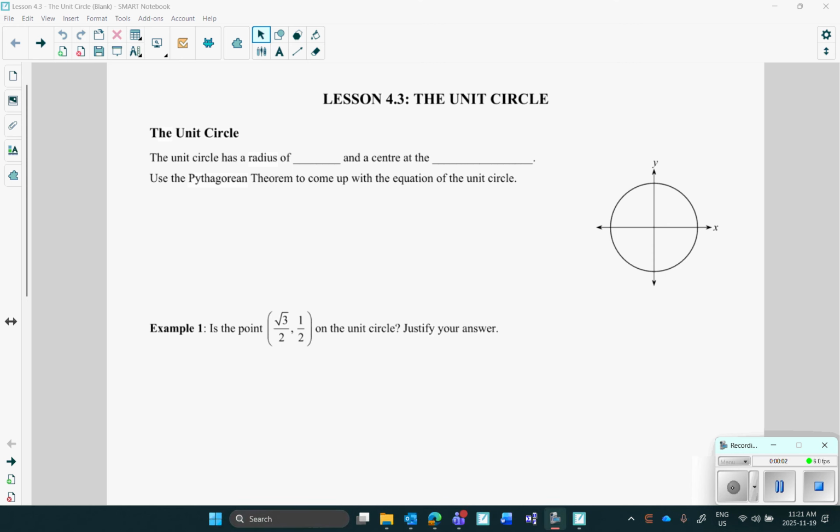Like I've said before, these first few lessons are all about getting us to the point where we can find trig ratios of any angle in degrees or radians, and we can solve trig equations involving any angle in degrees and radians. To find any trig ratio, you could use your calculator.